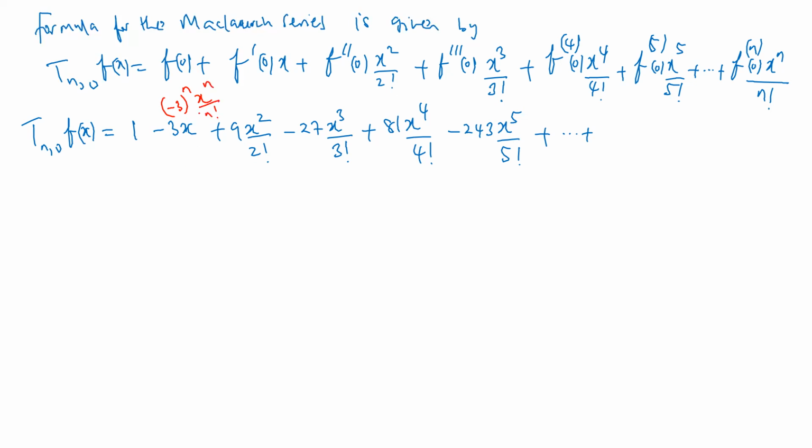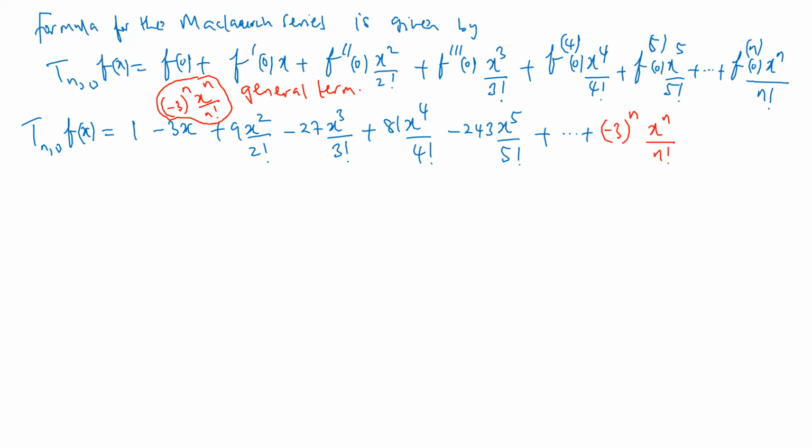At 1, it is this. At 2, it is 9. At 3, it's negative. At 4, it's 81. At 5, it's minus 243. So this is the general term: minus 3 to the power n, x to the power n over n factorial. This guy here is the general term.